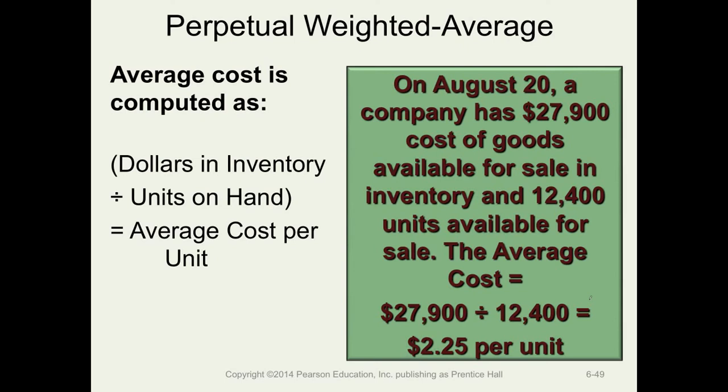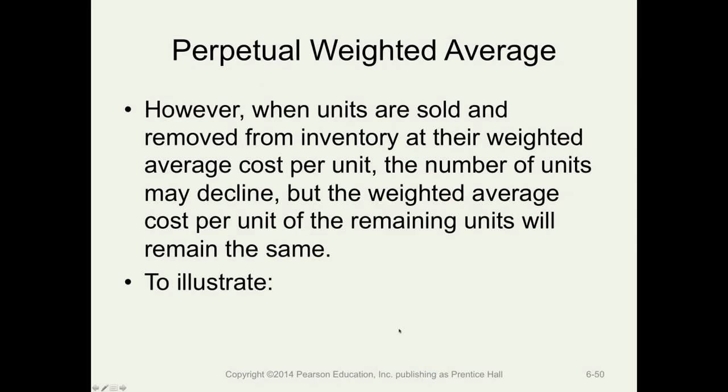However, we have to make this calculation on a moving basis. So every time there's a purchase, that average cost is determined. And that average cost per unit, the $225, is used as the cost of sale if a sale takes place immediately after the new average is calculated. So when the units are sold, they're removed from the inventory at the average cost.